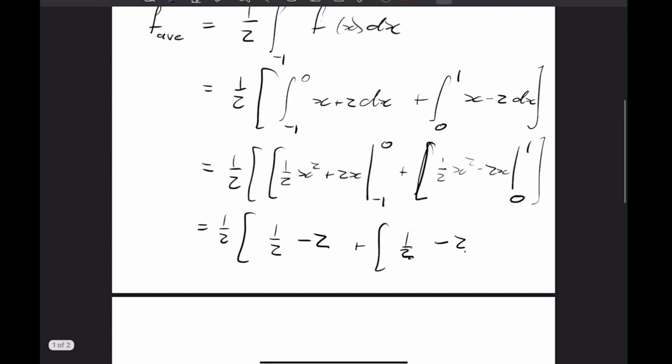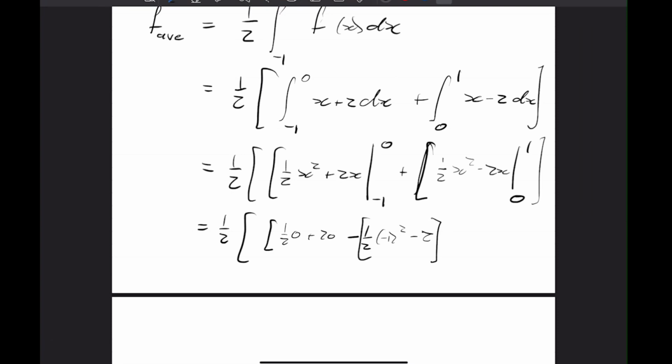Oh, somewhere I seem to have made a mistake. Be very careful with your arithmetic, it's letting me down. So let us do this properly. That's a half 0 plus 2 times 0, minus a half squared minus 2. Put your brackets in there.